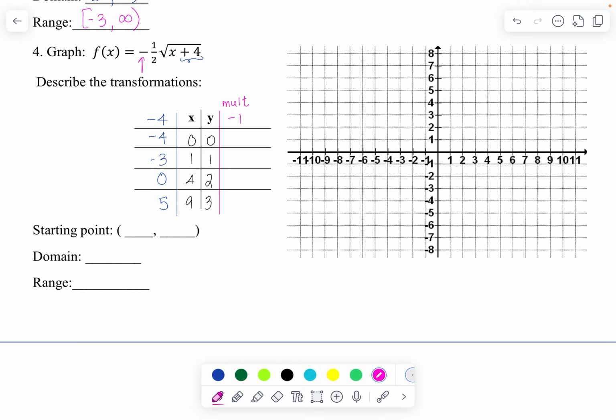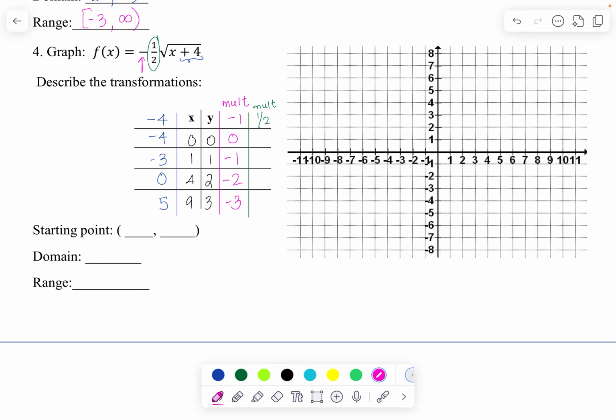This is a 0. Let me go ahead and make this a negative 1. This becomes a negative 1/2. This becomes a negative 1. And this becomes a negative 1.5. So my starting point is going to be at negative 4, 0.